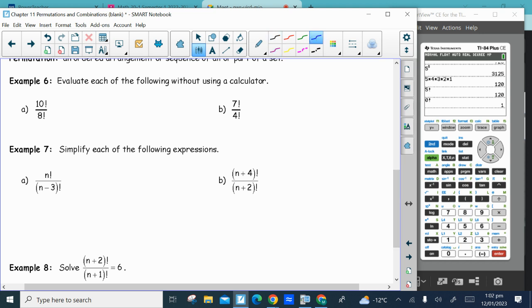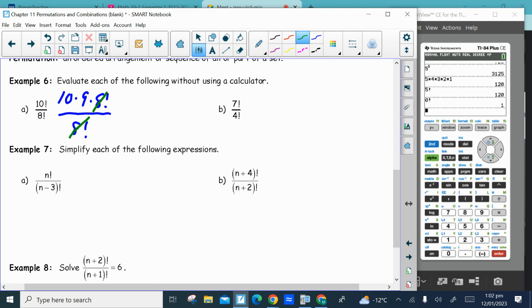So 10 factorial divided by 8 factorial, without using a calculator, here's how this looks. It's 10 times 9 times, and we can keep going all the way down to 1. However, because the bottom is 8 factorial, that's where I'm going to stop at the top. 10 times 9 times 8 factorial is the same as 10 factorial. But the reason I stopped at 8 factorial is because that's what the bottom is, and I can cancel them.